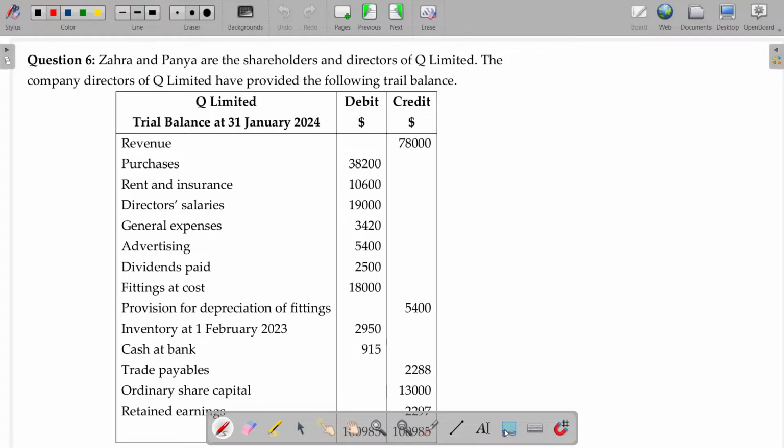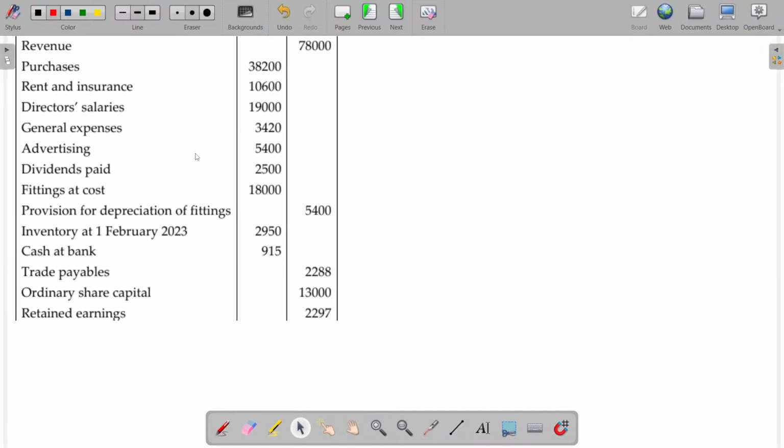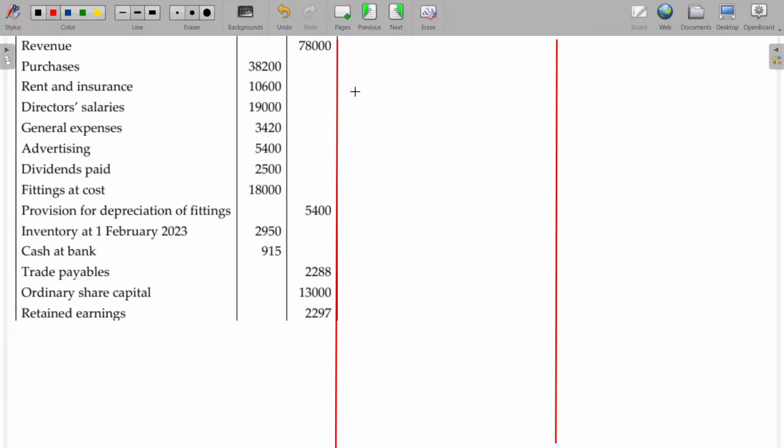I'll start with the income statement, one of the comprehensive illustrations. So income statement. Financial position statement.